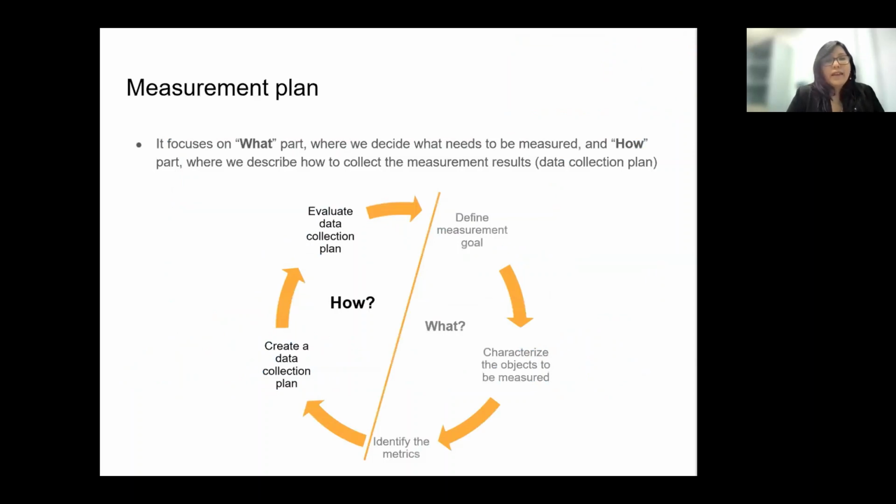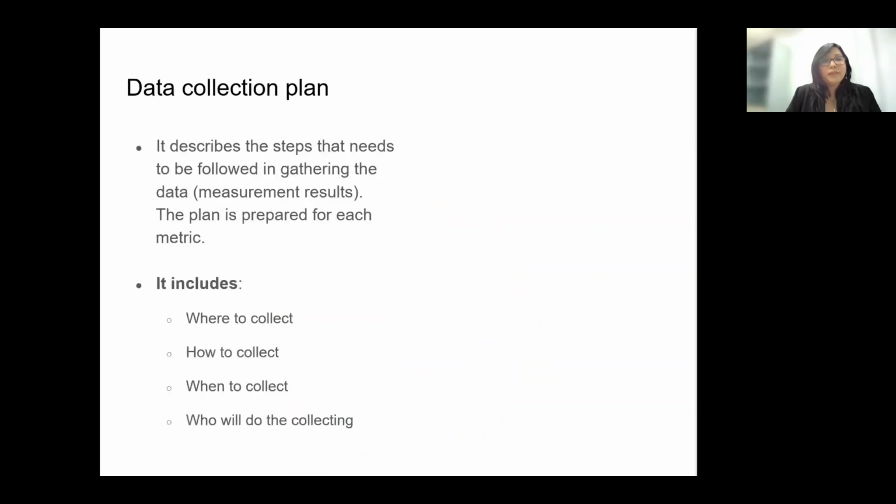And then, following our cycle, we have the second part, the whole part. How should we start creating the data collection plan, where the selected metrics are the input for the data collection plan?